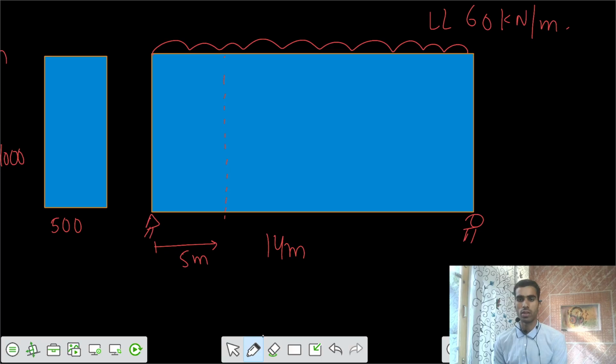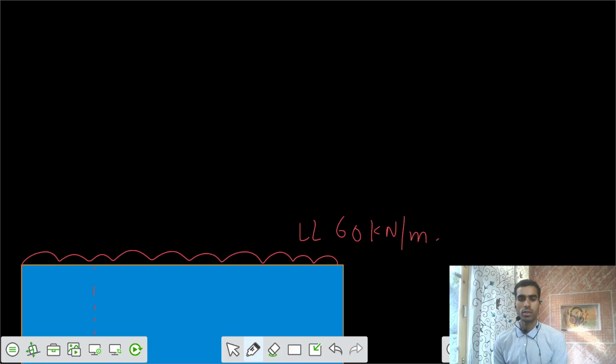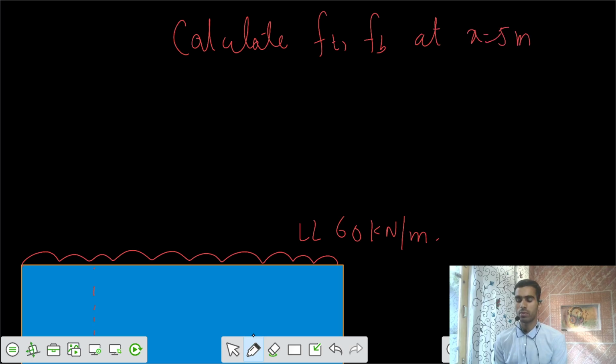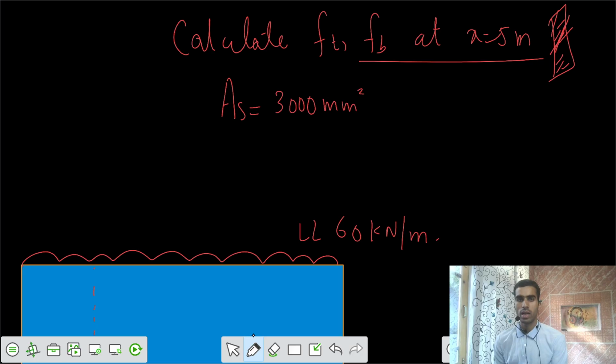We need to calculate stresses, calculate F top, F bottom at x equals 5 meters from the ends. So this is your section, the 5 meter section. Okay, and your data is given that the area of the steel strand is equal to 3000 millimeters square, and the stress in those wires is equal to 1600 megapascal.